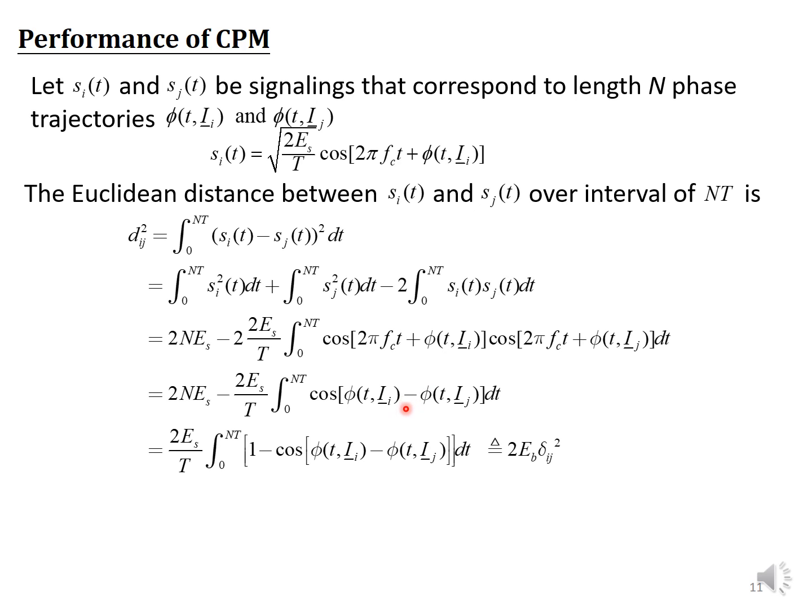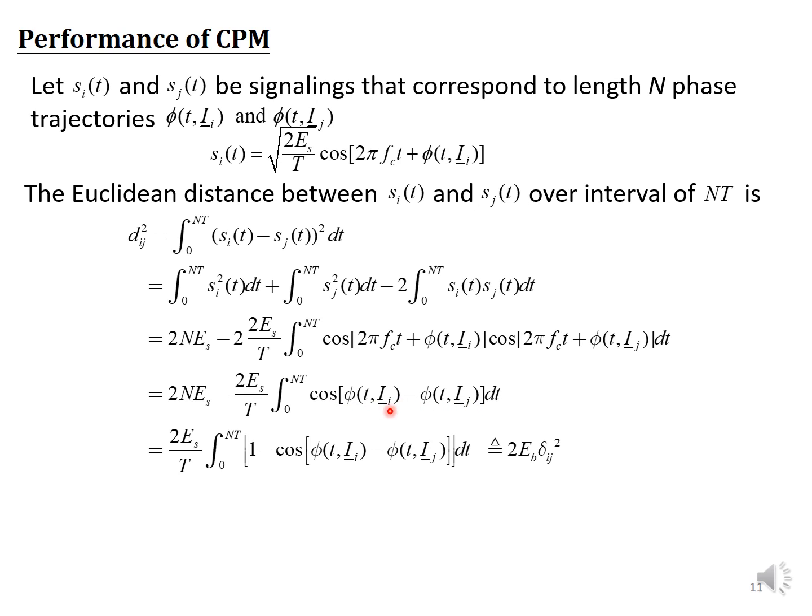The plus term would be 0 because of the average. Only the difference term of the cosine argument remains here, the cosine of phi I minus phi J.